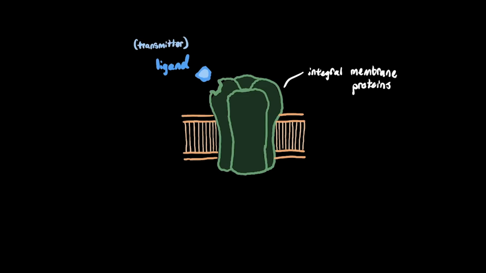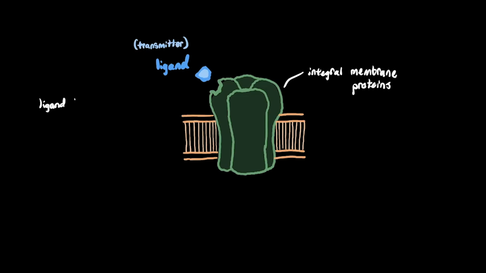So some transmitter comes along and binds to the ligand binding site on this postsynaptic receptor's extracellular site. And this ligand binding causes an effector function of some sort.